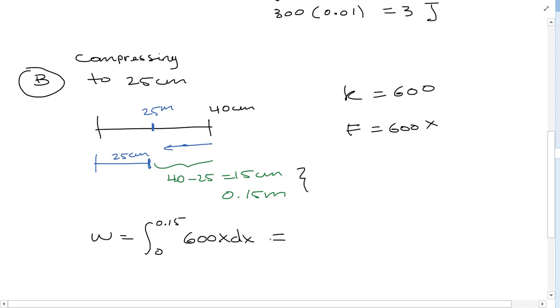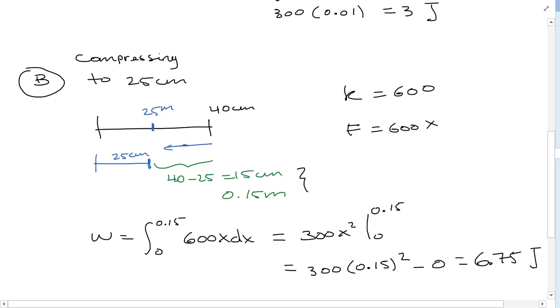We already integrated that; it's still 300x squared. Plugging in 0.15 and 0, you have 300 times 0.15 squared minus 0, which is 0 again. On a calculator, I got 6.75 joules.